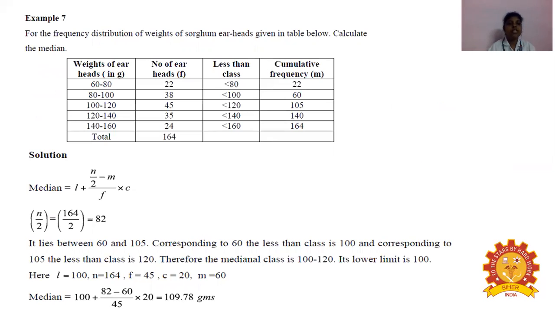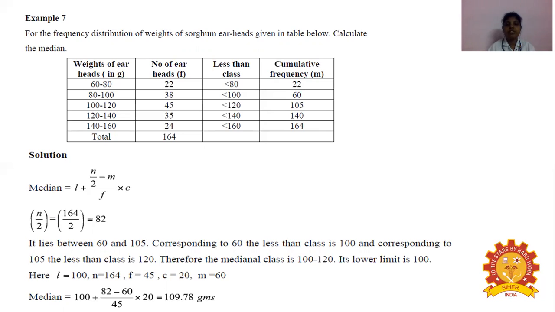Okay, let's see the example. For the frequency distribution of weights of sorghum earheads given in the table below, calculate the median. Weights of earheads in grams are given: 60 to 80, 80 to 100, 100 to 120, 120 to 140, 140 to 160.